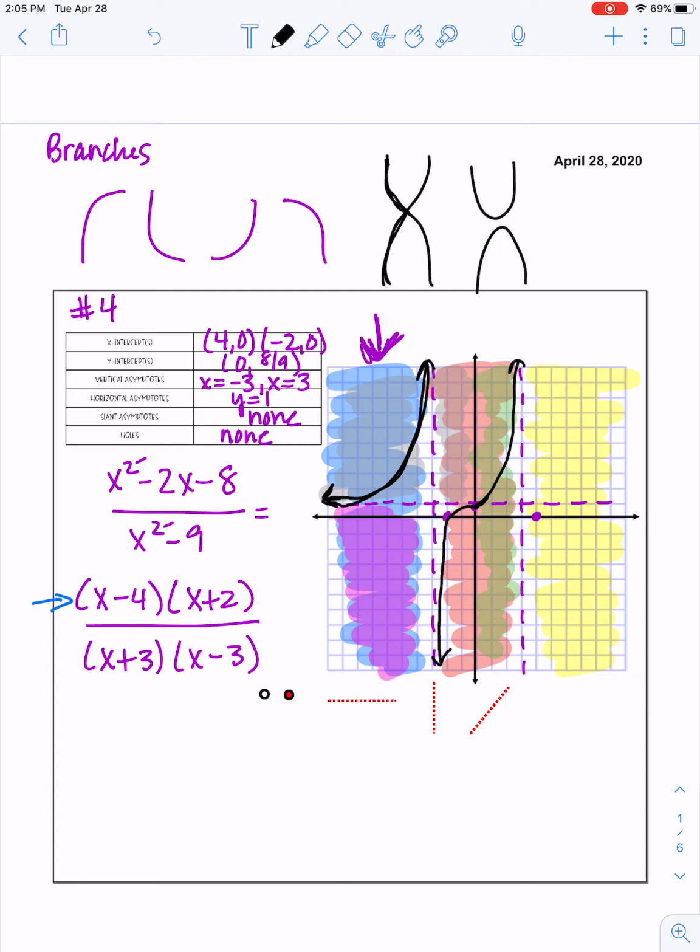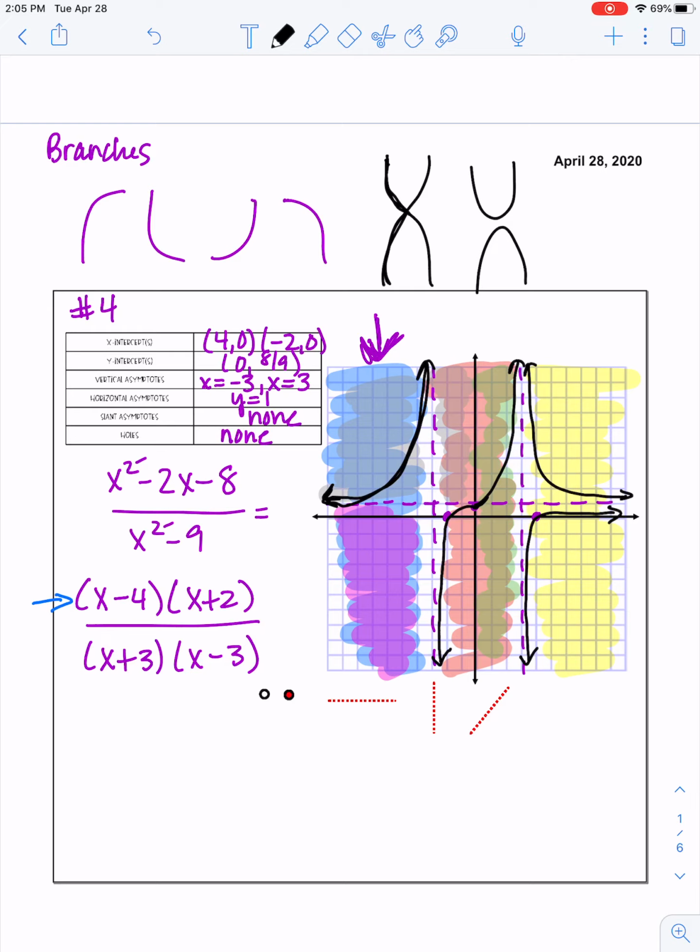And now I'm going to my yellow piece, and I'm going to do the same thing. I have to determine where my branches are going to go. Either my branch is going to look like this, approaching the asymptotes, or it's going to look like this. Those are the 2 options. Clearly, I have an x-intercept in the bottom piece that my graph has to go through.